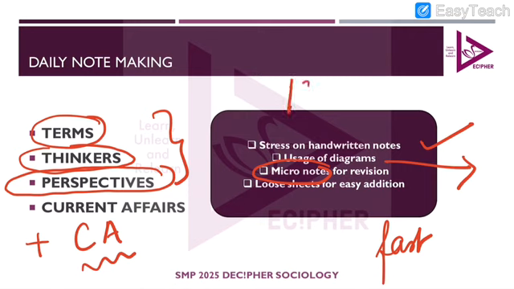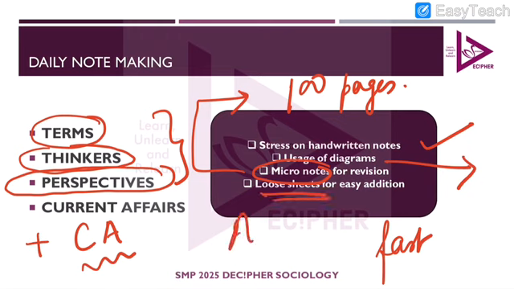So, let us say you should have only 100 pages of notes which you can revise in one day. For that you will require micro notes which you will prepare after many readings of the syllabus. Also, you can have loose sheets or A4 sheets which you can staple together. This is to facilitate easy addition or easy updation of your notes.